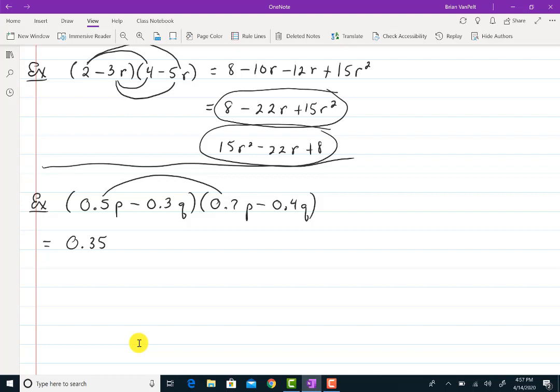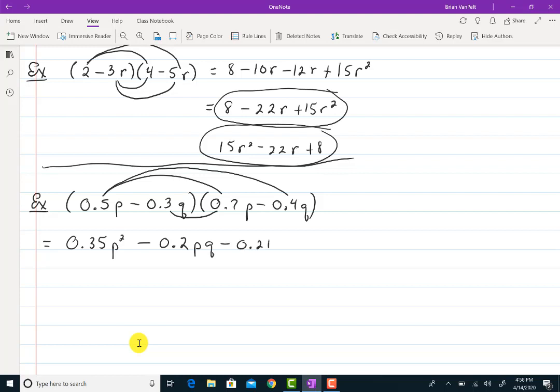But then p times p is p squared. And then I'll go ahead and do the outer part. I'll have a negative since it's positive times a negative. 0.5 times 0.4 is 0.2. And then I have a PQ. Then the inner part, 0.3 times 0.7 is 0.21, and it will be negative.